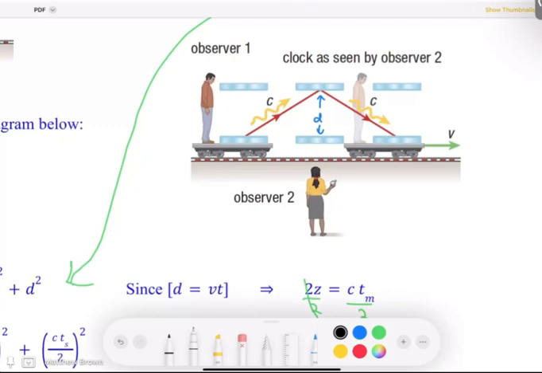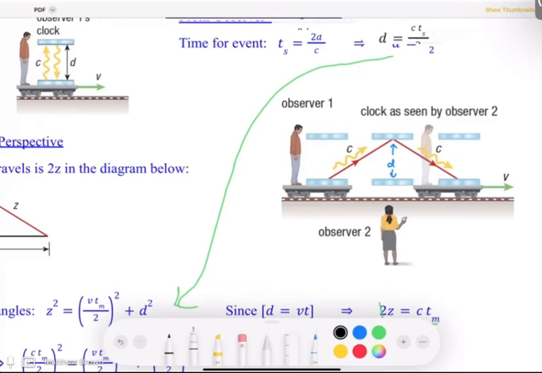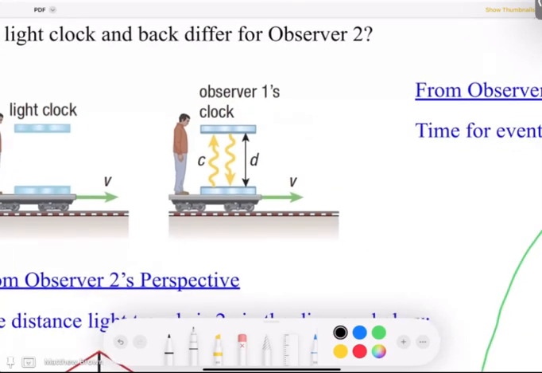Suppose observer 1 standing here looking at this happen says, oh yeah, it took 1 second for light to go to the ceiling and back down. This would have to be a very, very big trolley car for it to take a whole second for light to go up and back down, but suppose it does. So observer 1 says that took 1 second.